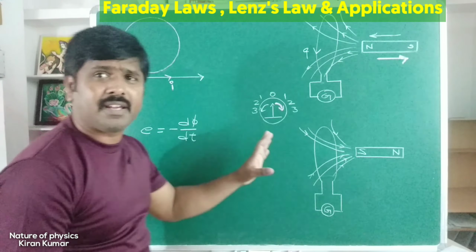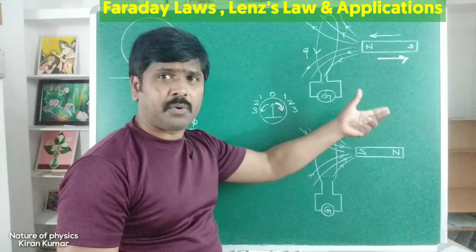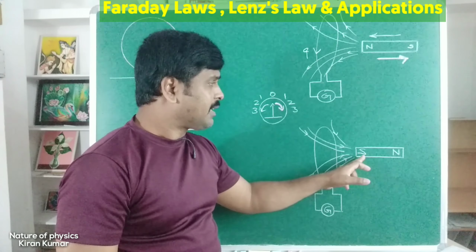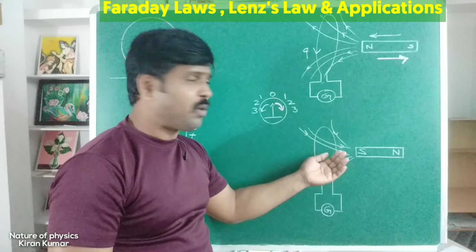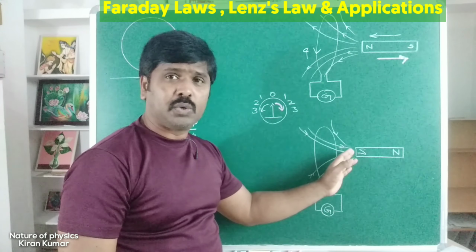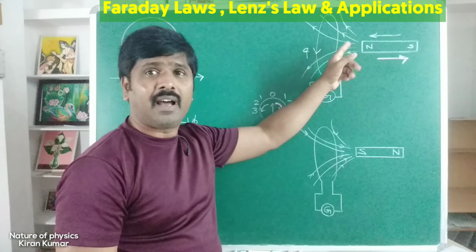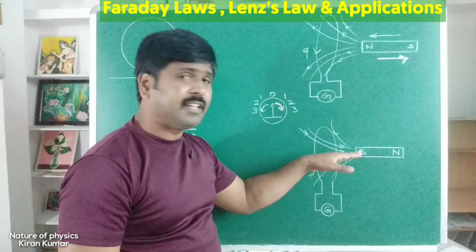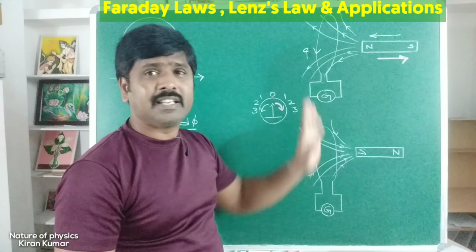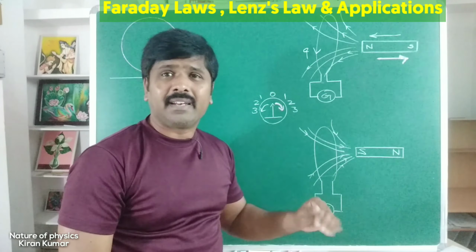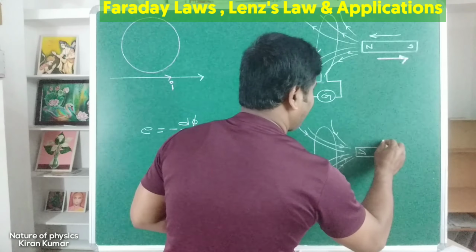Next, the north pole and south pole are interchanged; I rotate the magnet. Now the south pole enters towards the coil. Magnetic lines enter at the south pole and are released from the north. Here also the magnet is moving towards the coil.